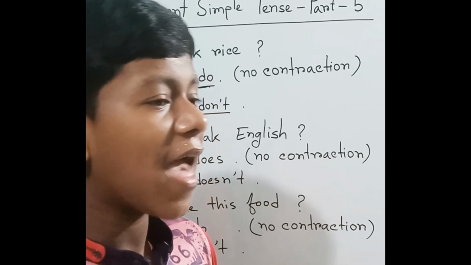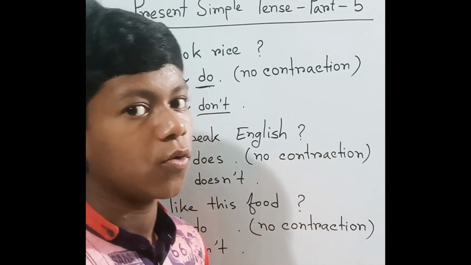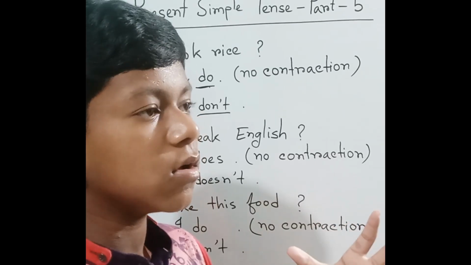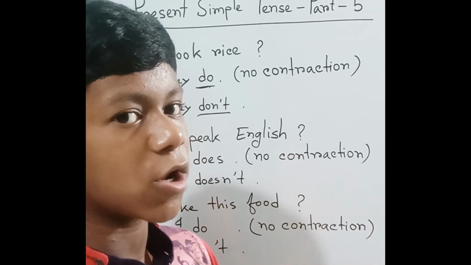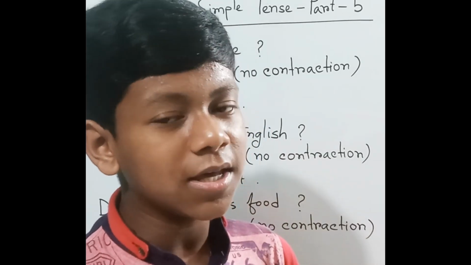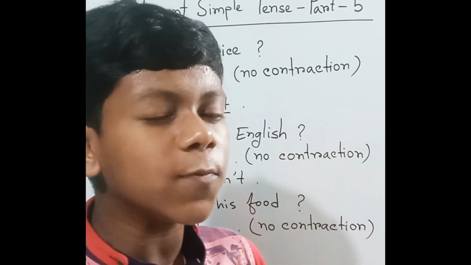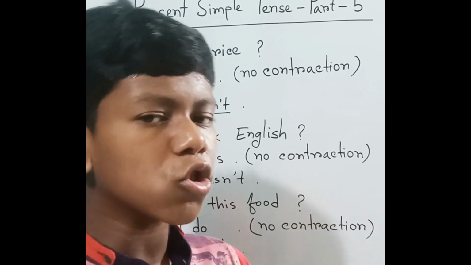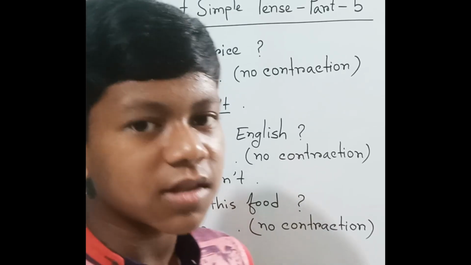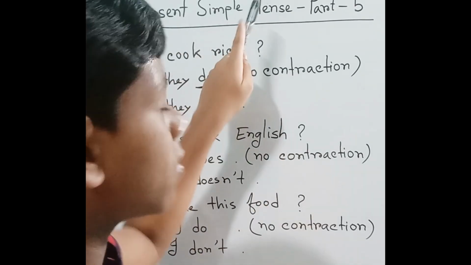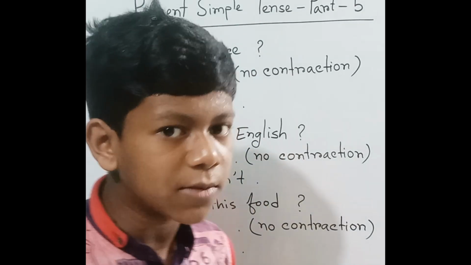The shortened answer is very easy when you want to answer the speaker's question briefly. There is another way. If you don't want to give your full information, the whole sentence, you can shorten it so it doesn't take any time. It's an easy process in present simple tense.